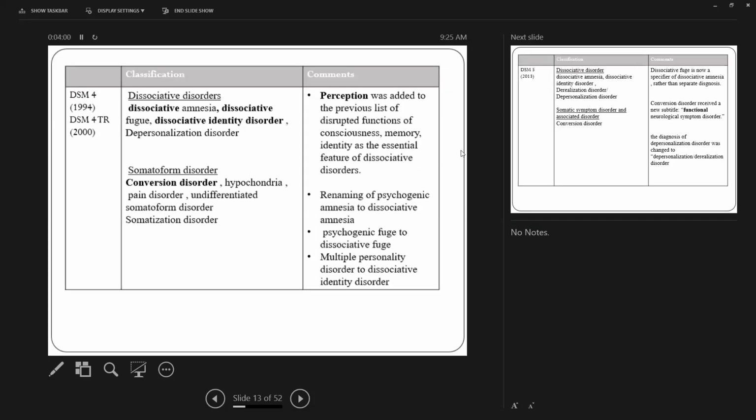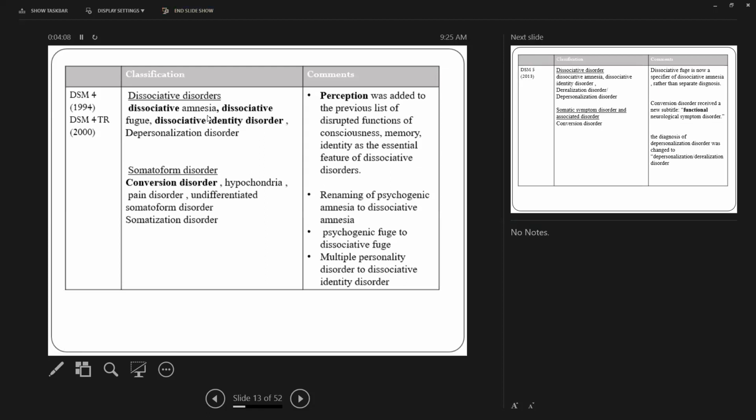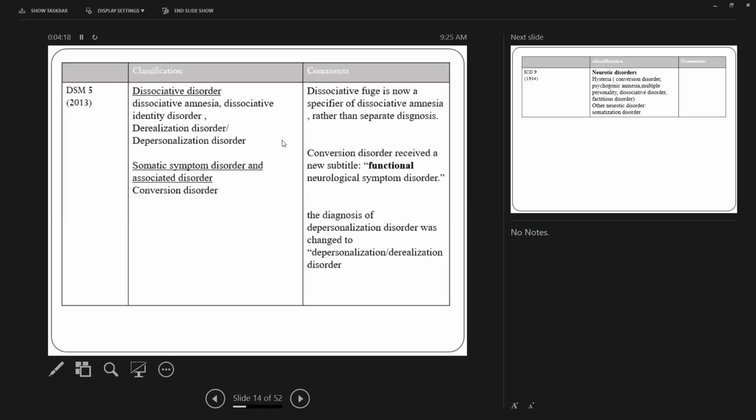In DSM-4 and DSM-4-TR, the names of these dissociative disorders were changed from psychogenic to dissociative: dissociative amnesia, dissociative fugue, and dissociative identity disorder. And perception was added to the definition of dissociation. Finally, in DSM-5, dissociative disorders are classified as dissociative amnesia, dissociative identity disorder, derealization disorder, and depersonalization disorder.